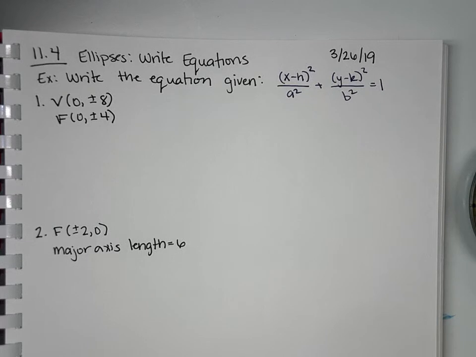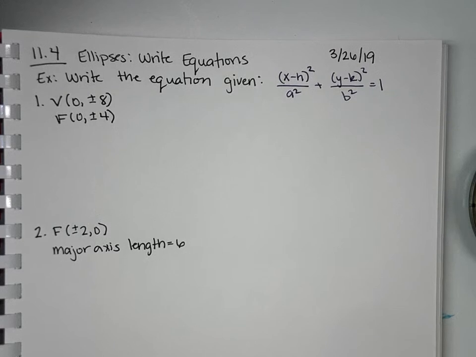Once we know those three things, then we can write our equation. So it's really going to be about how can we use our given information to find all of those three pieces.